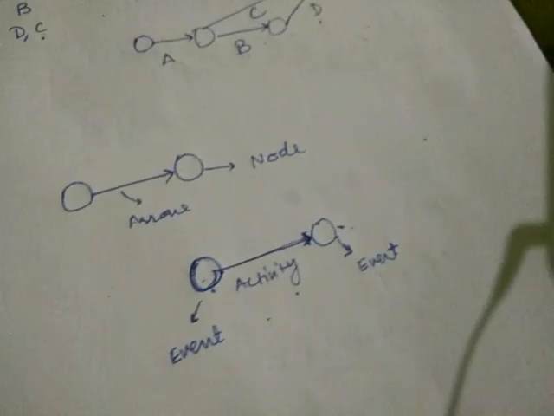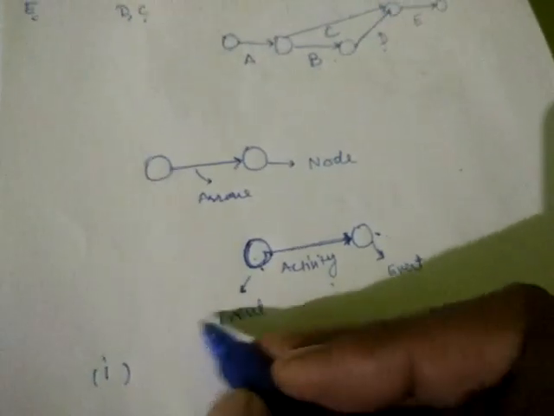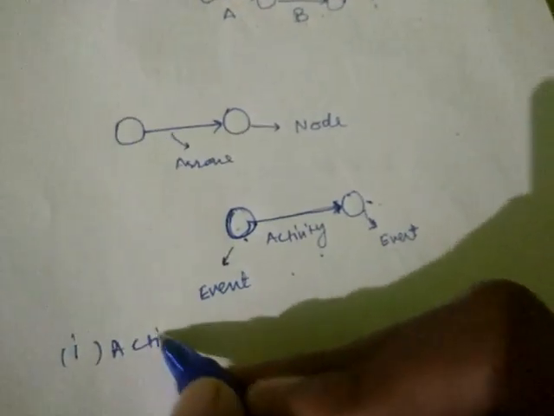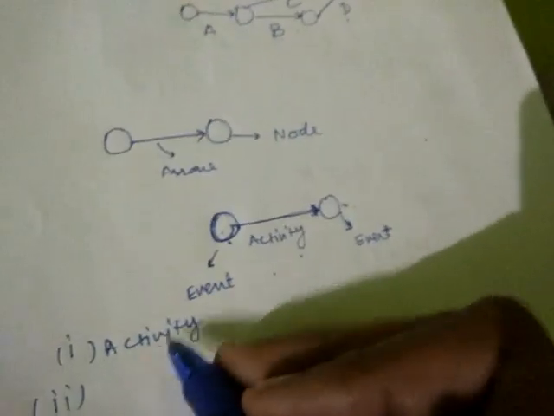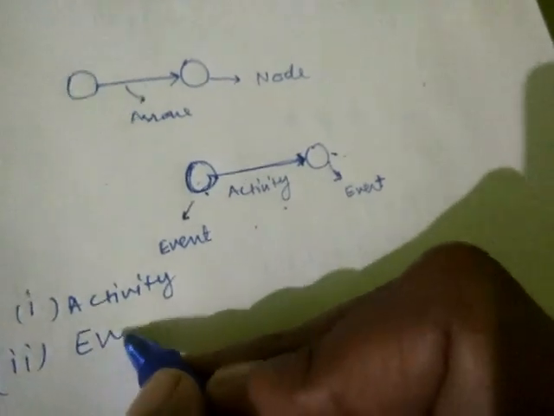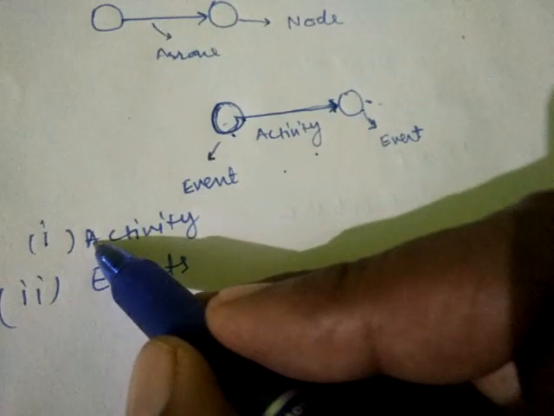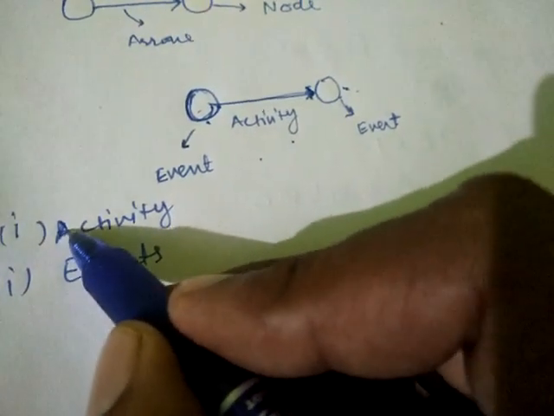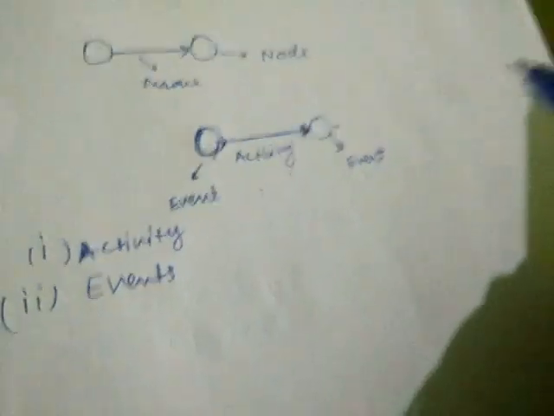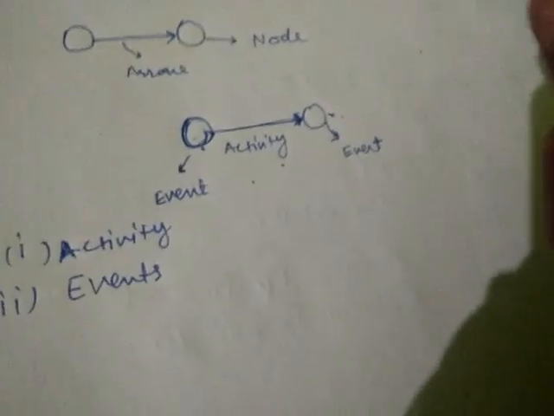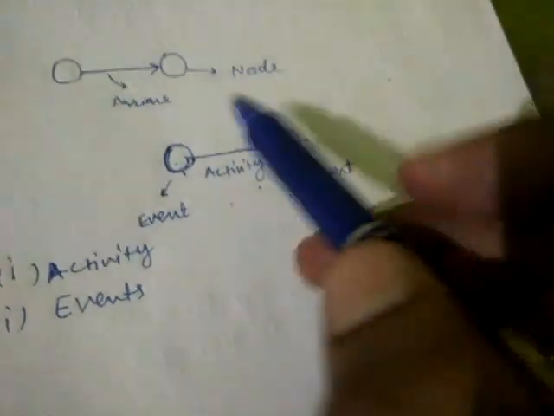So here you know that in a network diagram there are two things. First is activity, and second is events. Events are start and end points, and activity is a particular occurrence of the process or any activity which takes time.